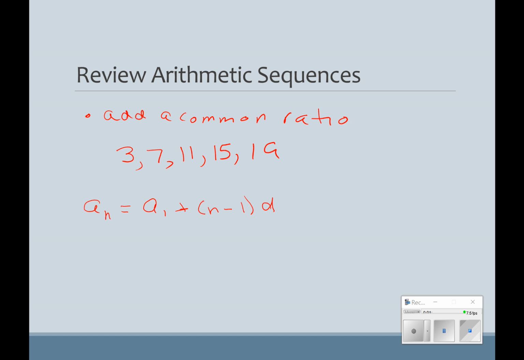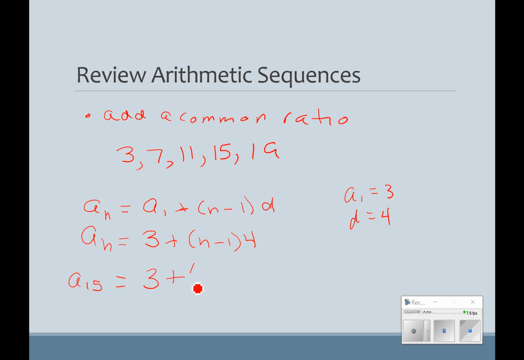So in this case, my first term was 3. My common difference was 4 because we added 4 each time. So the basic formula, remember, would have been a sub n equals 3 plus n minus 1 times 4. Okay, and we could have distributed if we wanted, or we could have just left it like this. And then if I wanted to find the 15th term, I would just plug in 15.